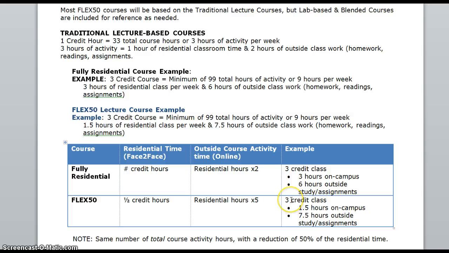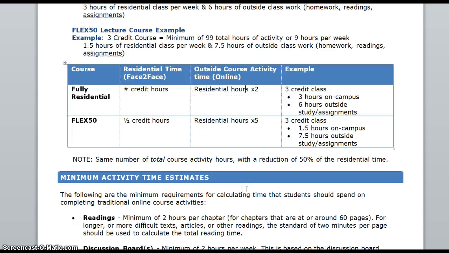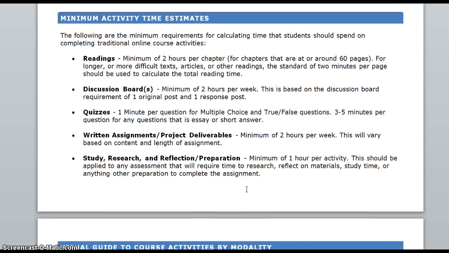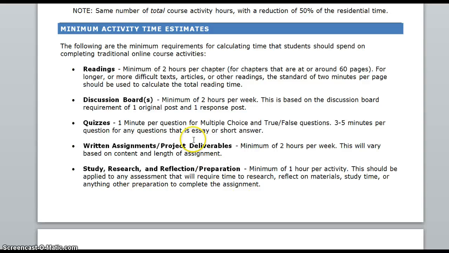If you had a 4 credit class, we're going to spend 2 hours on campus, so half of 4 is going to be 2 hours on campus, so those 2 hours times 5 will be then 10 hours in the online course activities.